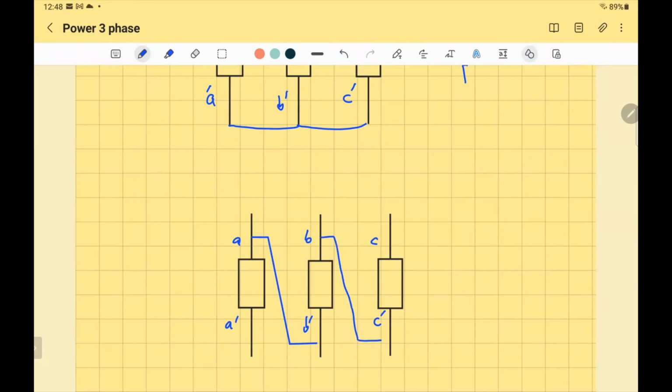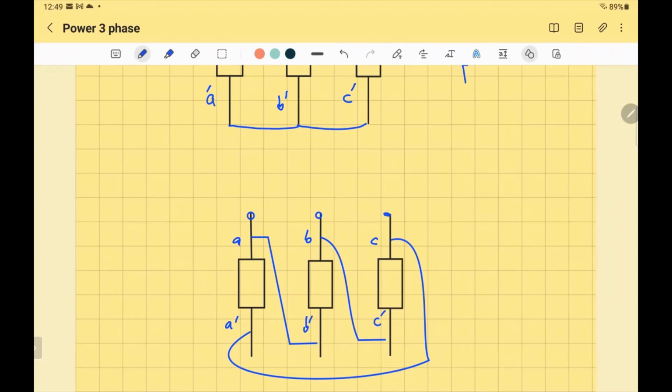B connected to C dash. C, you connect to the other one, so C to A dash. And these are the terminals where you put the supply. That will be that. If you rearrange it, you'll find it's equal. They make it nice, but this is how you do that.